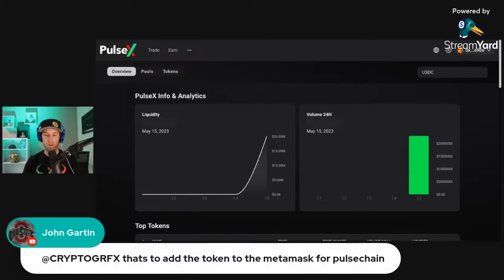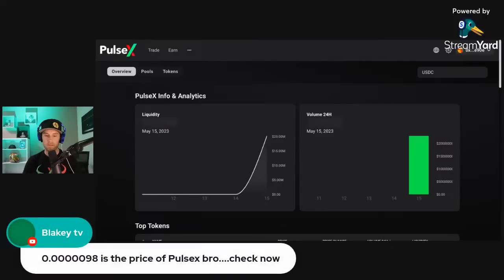Yes, but it's also the address for the token itself, meaning if we search it in here, we're going to get the actual token that should come up on the Pulsechain side. Really? Okay, well, 5 zeros and 8.